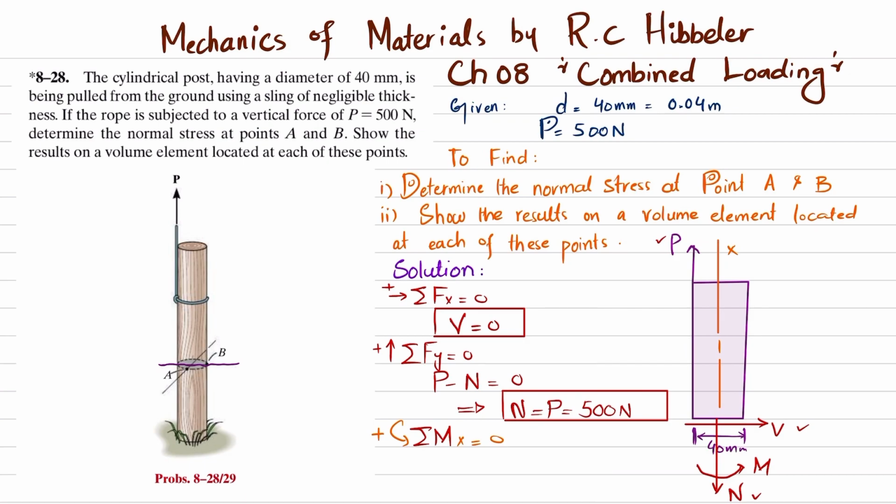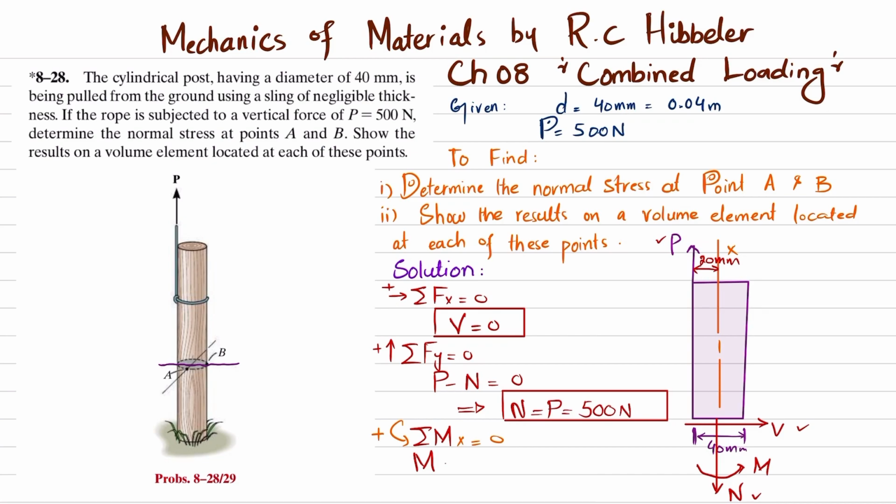So you can see that the moment about X is this reaction moment which is counterclockwise, so it will be plus M. The second moment is this force, clear, into the perpendicular distance, and this distance is the radius, which is 40 divided by 2, that is 20 millimeter.